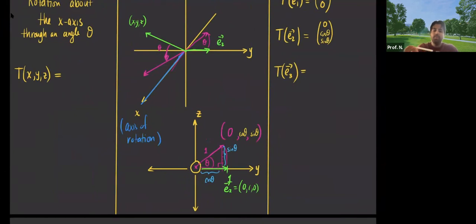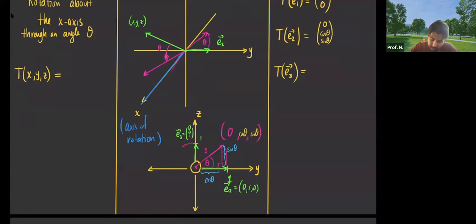So E2 is being taken to the point 0, cosine theta, sine theta. Now do the same exact thing for E3. I'm rotating E3 by theta with respect to what? To the x-axis, right? So then what's going to happen?